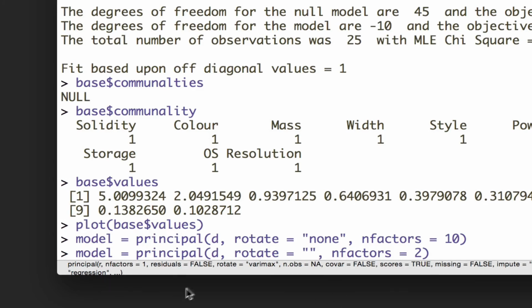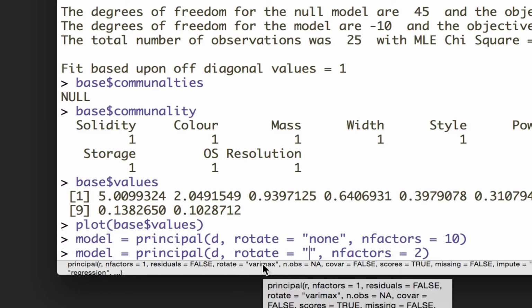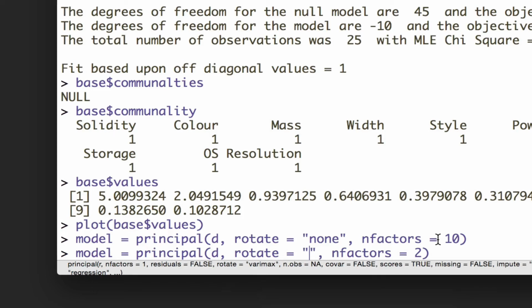The default, as you can see down here, is varimax, which is why I had to specifically specify none. The 2 that I would recommend are varimax and direct oblimin, which are both implemented in R. Varimax is an orthogonal rotation, and direct oblimin is an oblique rotation.